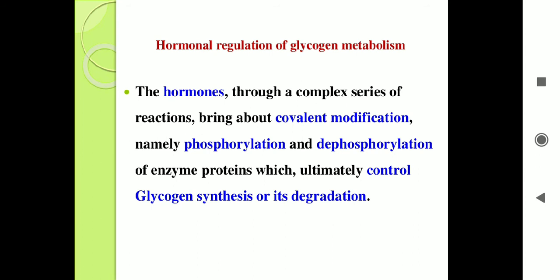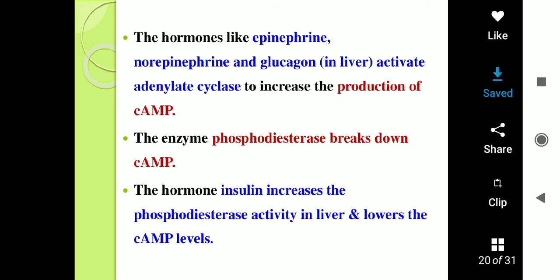Phosphorylation means there is an addition of a phosphate molecule, and dephosphorylation means there is a removal of phosphate molecules. So by both these processes on enzyme proteins, they ultimately control the formation of glycogen and its degradation also.